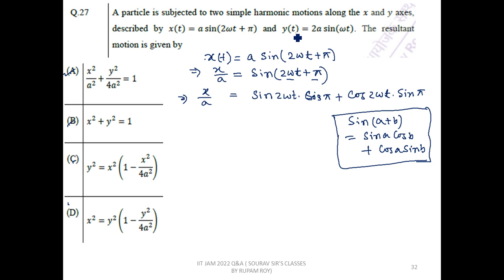Now y(t) equal to 2a sin ωt. So we can write sin ωt is equal to y by 2a. Okay, so x by a is equal to sin 2ωt. What is the formula of sin 2a?